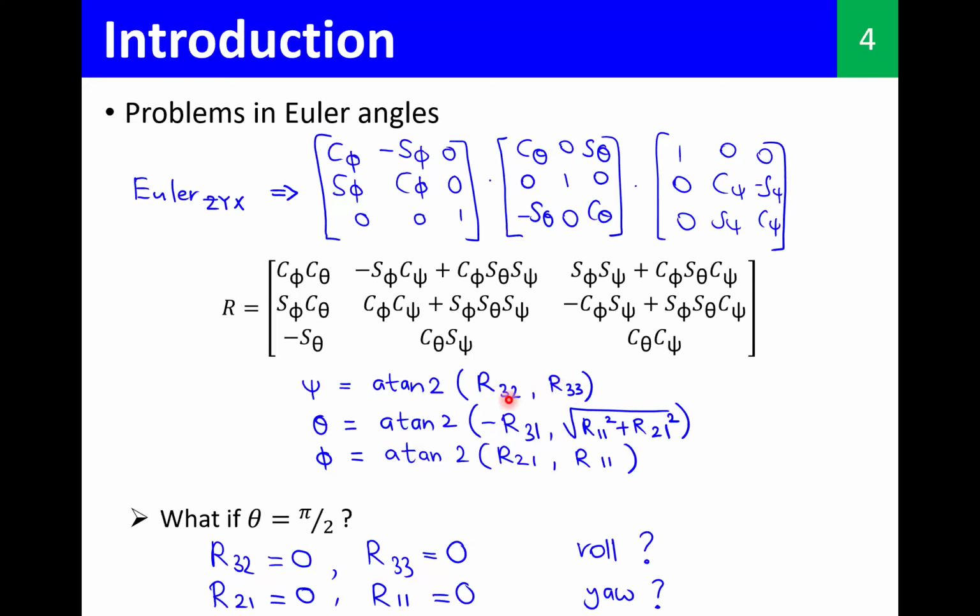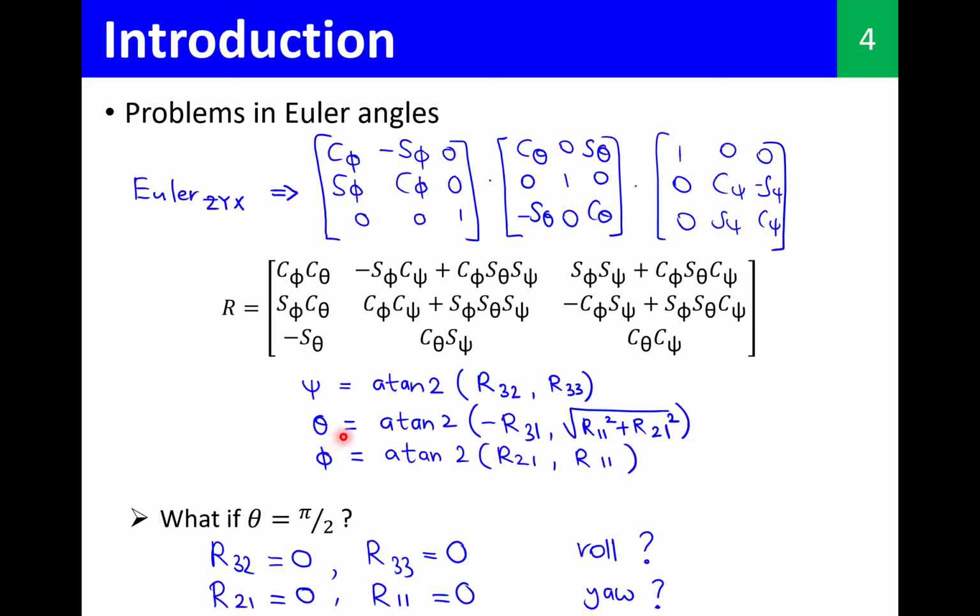Now this is like a 0 over 0 kind of thing, right? These two, both the elements are 0. So this is also, both the elements are 0. So we will not be able to figure out phi and psi. So that is a problem. So this is a special case, or we call it a singular condition, right? So if that happens, we are unable to figure out these angles.